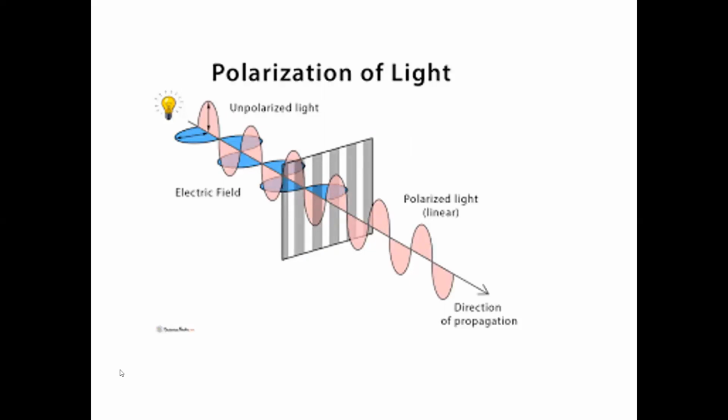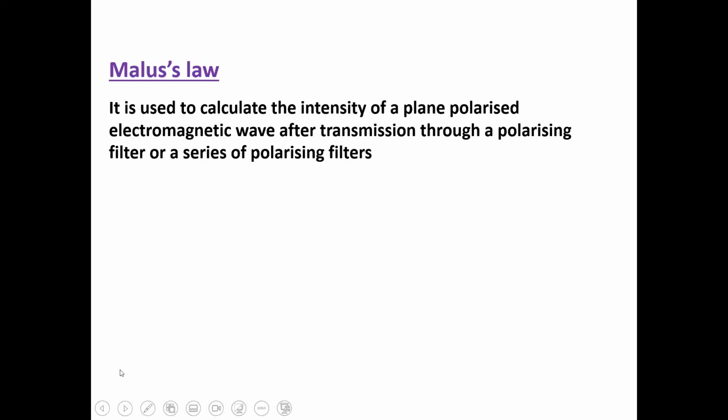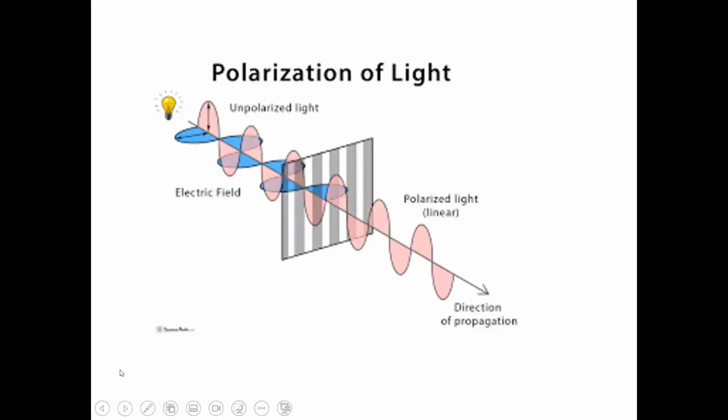This is polarization of light. When light is traveling through a medium, it's a grid. You can notice that other oscillations are restricted, and now oscillations are restricted on one plane only.